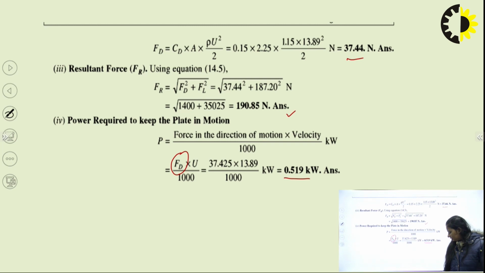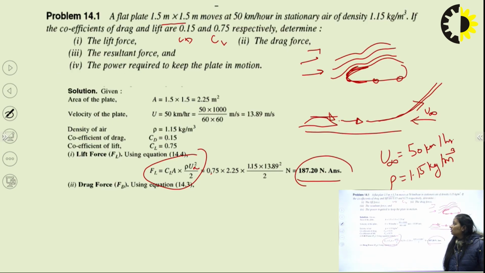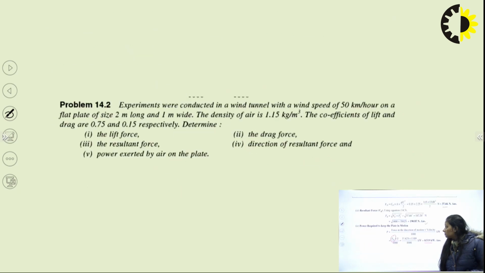So this is actually a simple question when all the parameters were given. Area was given, velocity was given, density was given. Just put in the formula and you can get an answer.